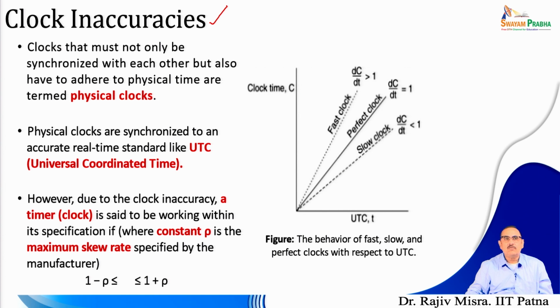Clocks must not only be synchronized with each other, but also have to adhere to physical time, and that is called the physical clock. Physical clocks are synchronized on an accurate real time standard called universal coordinated time, UTC. That means, if you want to synchronize your watch or a clock, you have to depend upon this accurate real time standard, UTC, and from there synchronize your clocks.